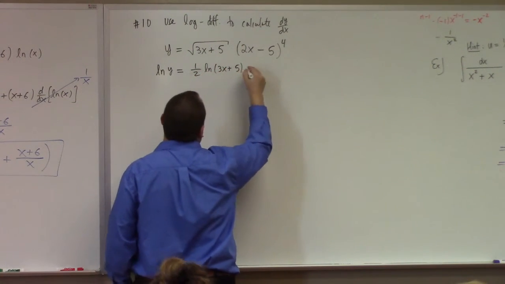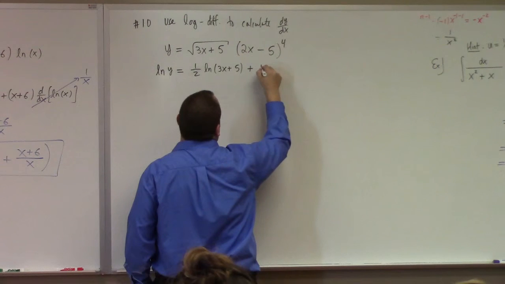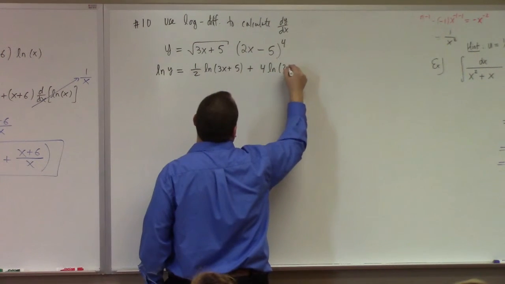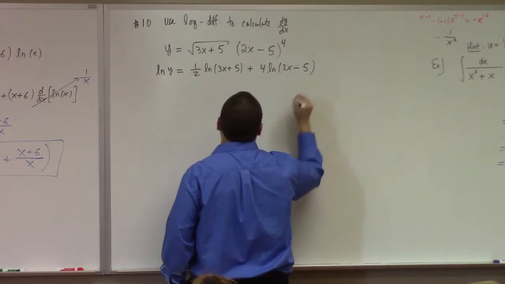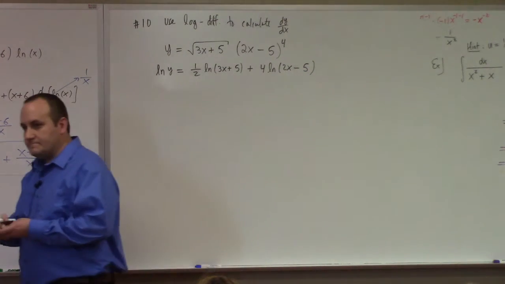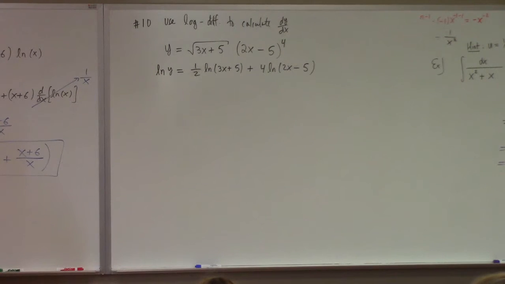Exactly. So you use the properties of logarithms to make that step. Make sure you really, really own that step. You need to be totally confident about what you're doing there if you're going to be successful in logarithmic differentiation. It all goes back to the properties of logs that I presented the first thing.